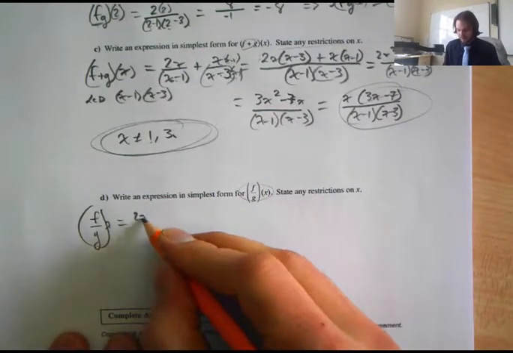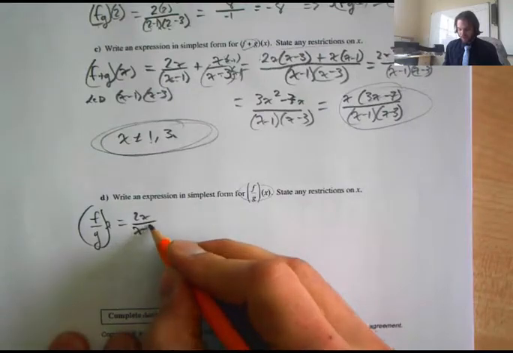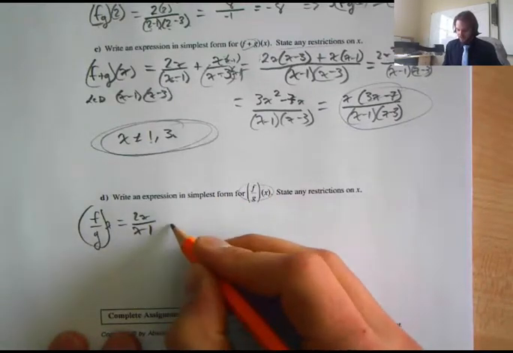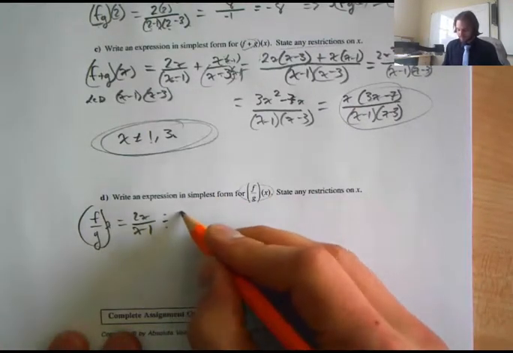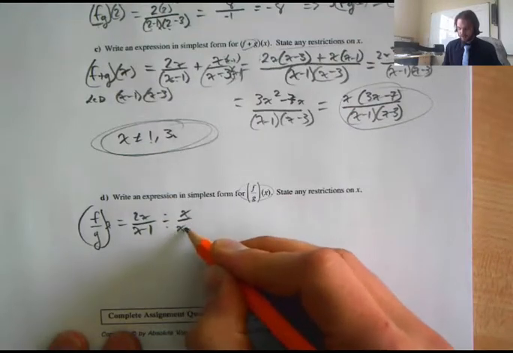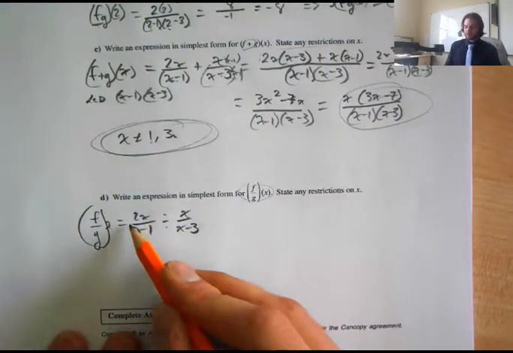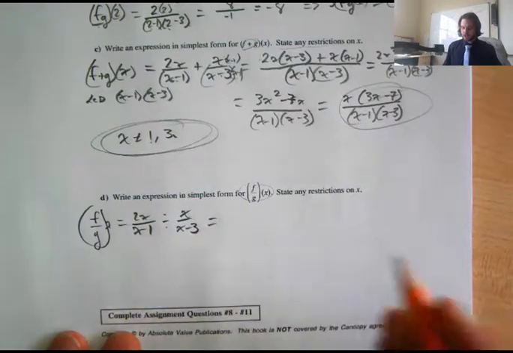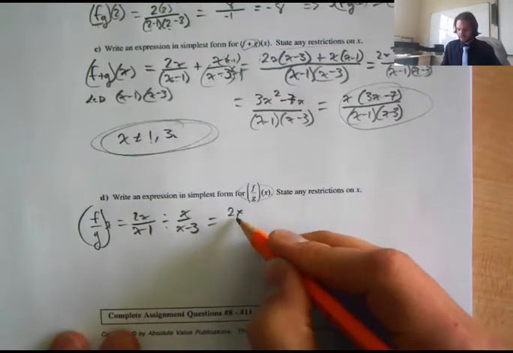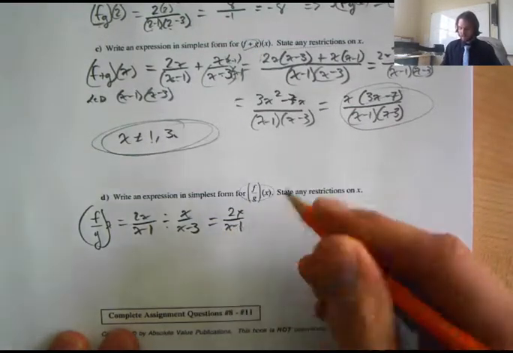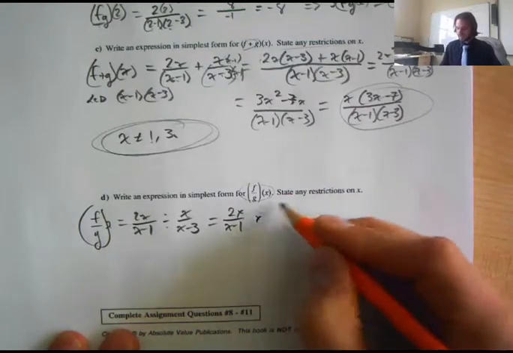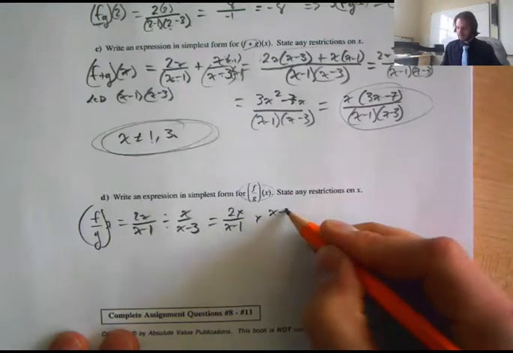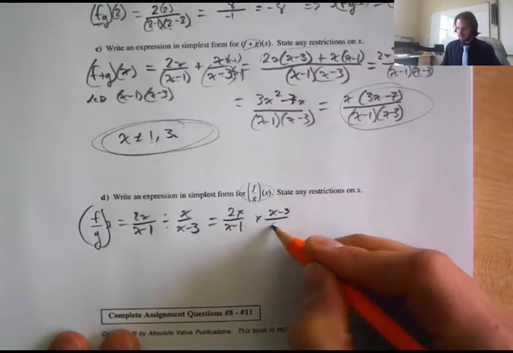So we have 2x all over x subtract 1, and then we divide that by x all over x subtract 3. So we leave the first one the same, we change the sign, and then flip the second: x minus 3 all over x.